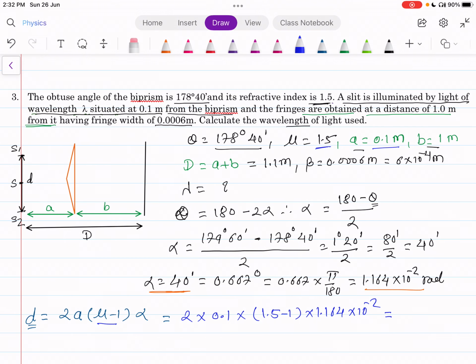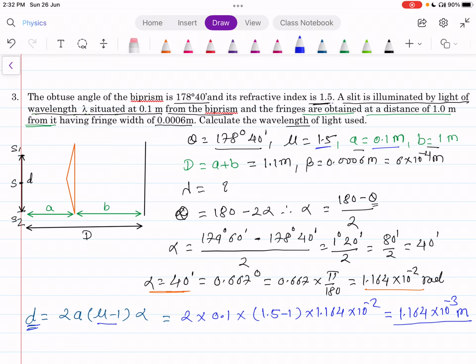So this is nothing but 1.164 into 10 raised to minus 3 meter. So I got the value of small d.